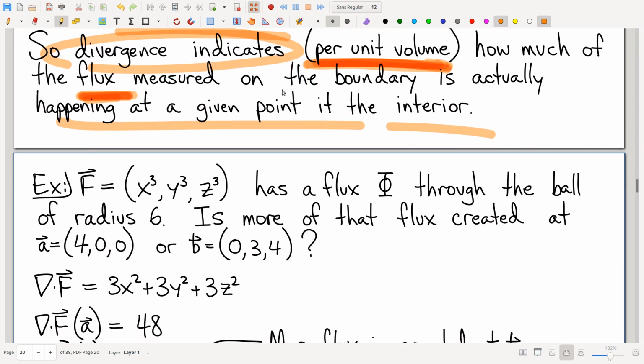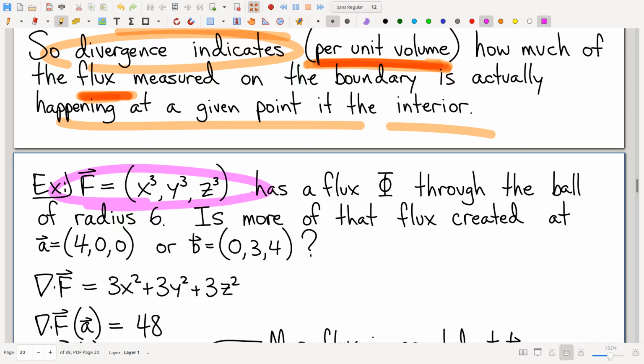So with that in mind, let's think about this example. We have a vector field. This vector field makes a flux through some boundary. We don't even need to specify particularly what the solid is or how much flux it is. There's a certain solid, there's a certain amount of flux that we detect on that boundary.